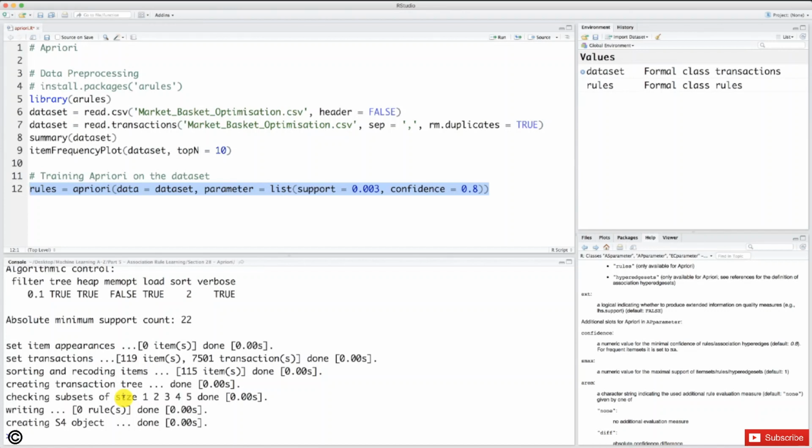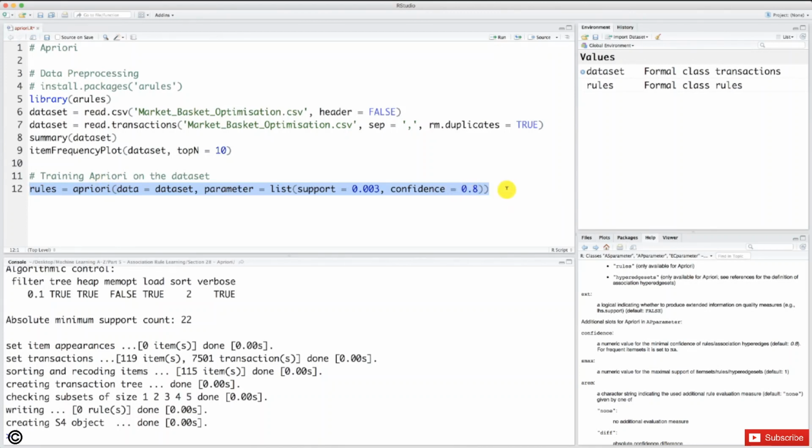The most important information we need to look at here is the number of rules. We can actually see 0 rules here. That means that when we trained our Apriori model, this model actually found 0 rules. And can you guess why? Well, of course, it's due to the choice of our minimum confidence. Because by setting this minimum confidence of 0.8, all the rules made by our Apriori algorithm have a confidence higher than 0.8.